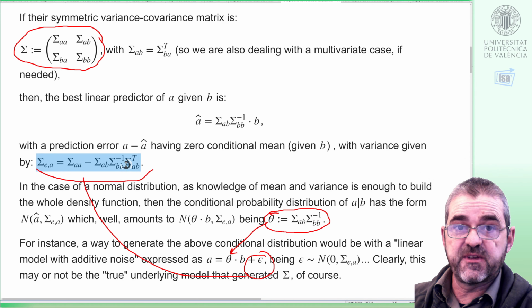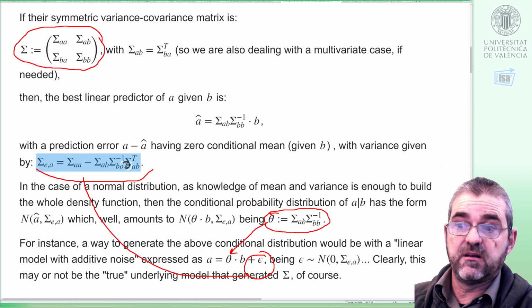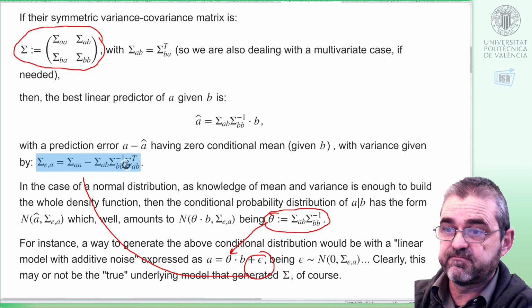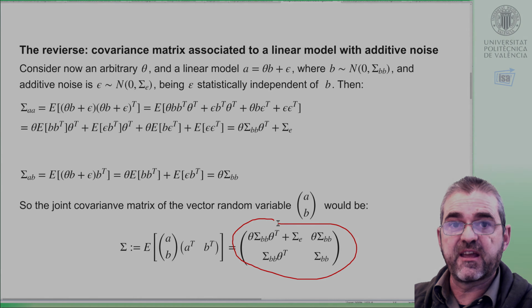So given a covariance matrix, we can get a linear model with additive noise, and given a linear model with additive noise, we can get a covariance matrix. So we'll finish here, and we'll see some actual numerical examples in forthcoming videos. Thanks for your attention.